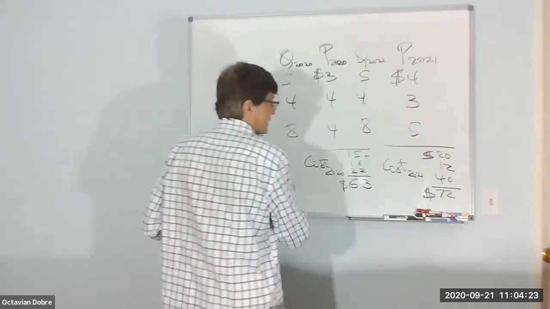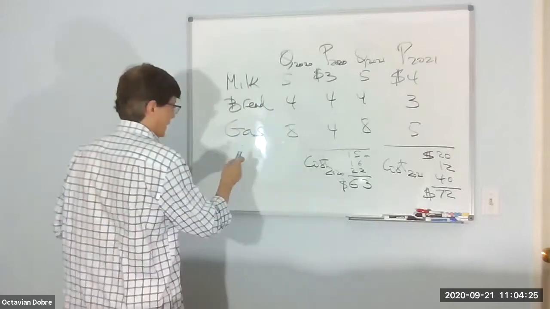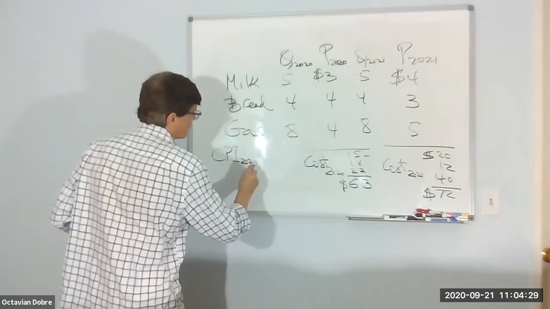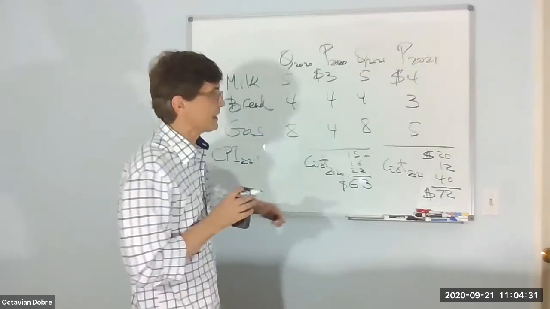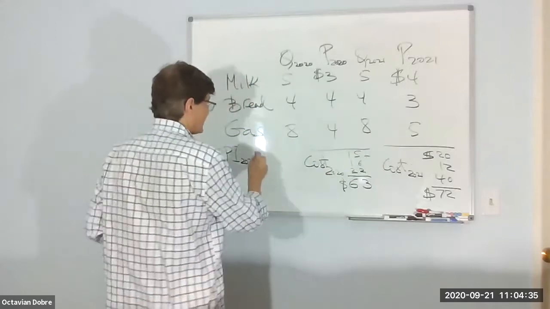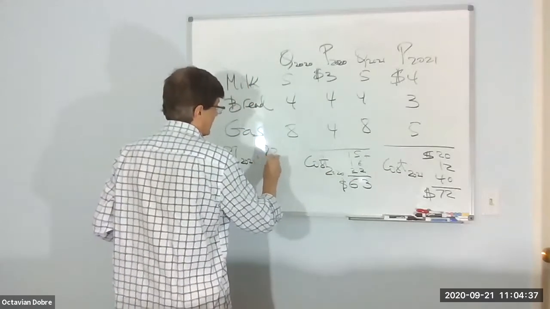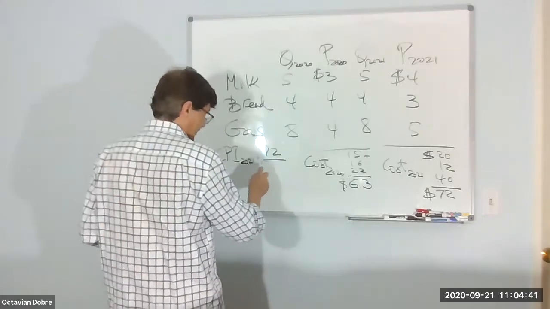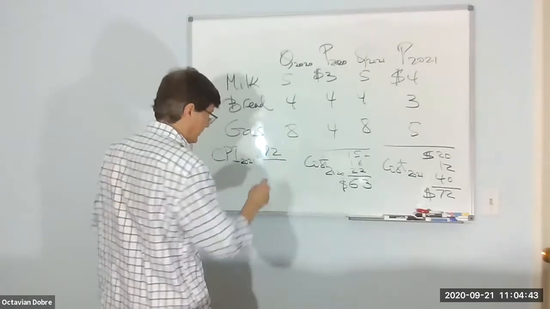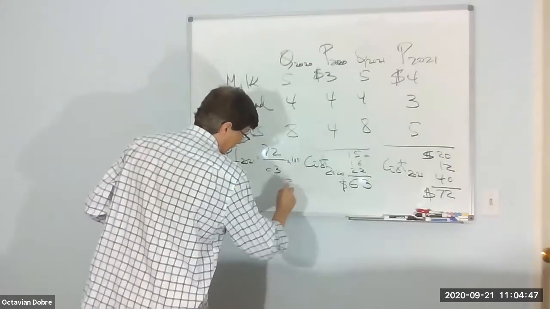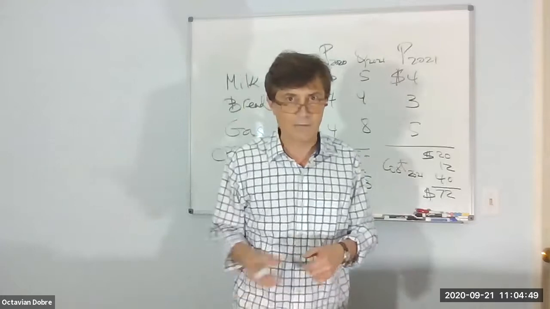So to calculate the CPI, I'll do it here. CPI for 2021 is the cost of the basket in the most recent year, in 2021. So it's $72 divided by the cost of the basket in the previous year, the year that you're comparing to, divided by 63 times 100. And I don't have a calculator in front of me.